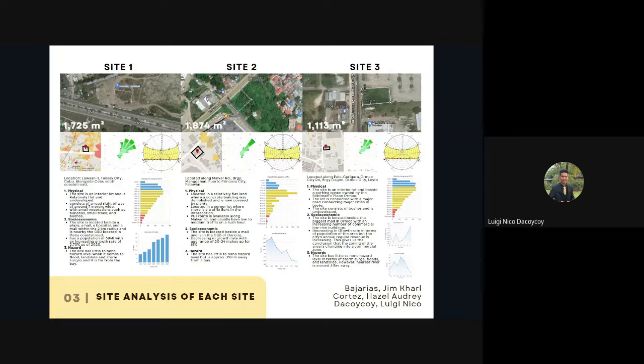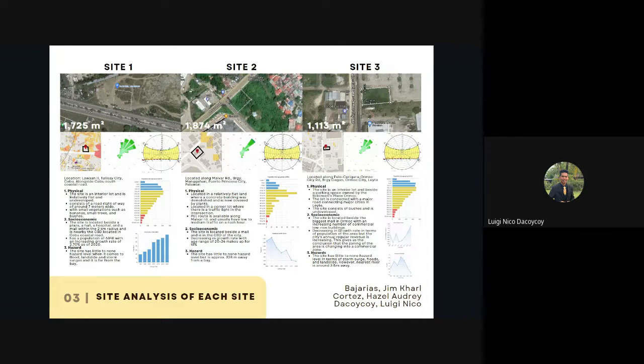It is owned by Robinson's Place Ormoc, and the lot is connected with a major road connecting major cities such as Palo, and from the south, Albuera and Baybay. The site consists of bushes and is undeveloped.